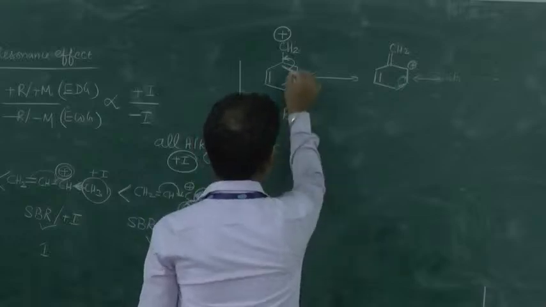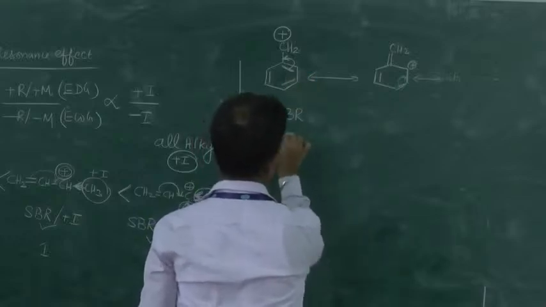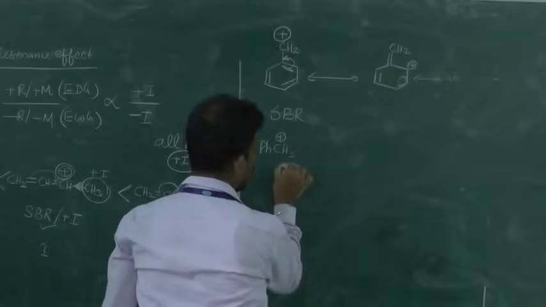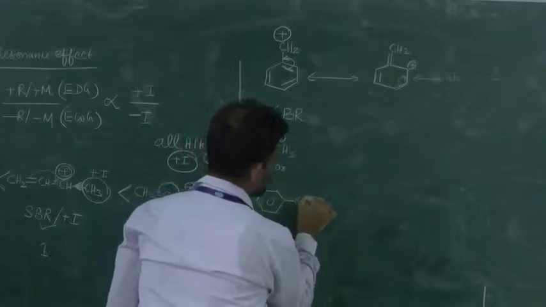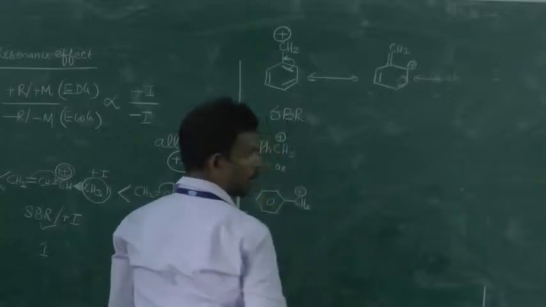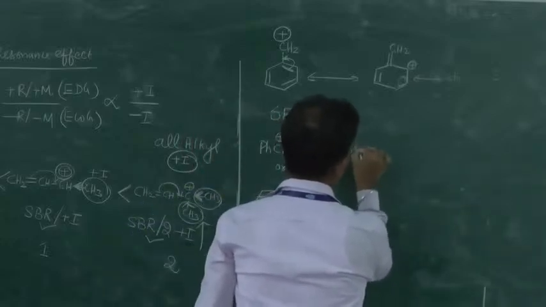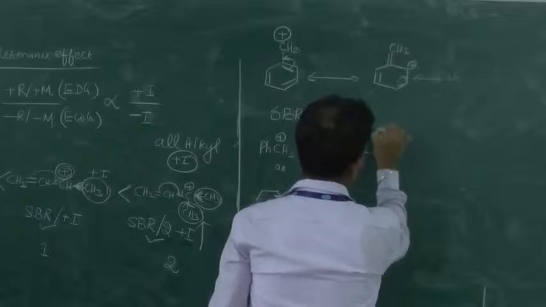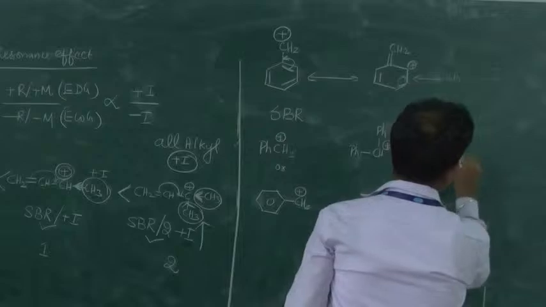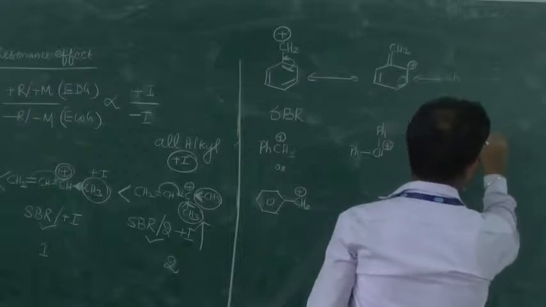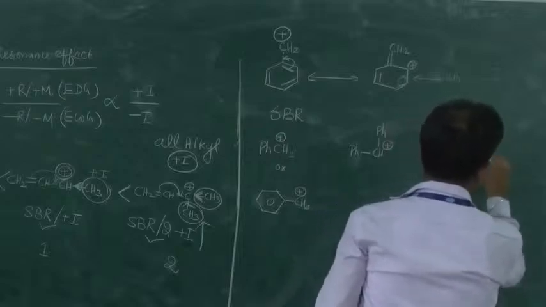Now, for example, what can we write? PhCH2 plus, correct? Which is equal to this. Is it clear? So CH2 plus. Next, add one more Ph here. Ph, the positive charge here, next Ph C Ph positive charge.